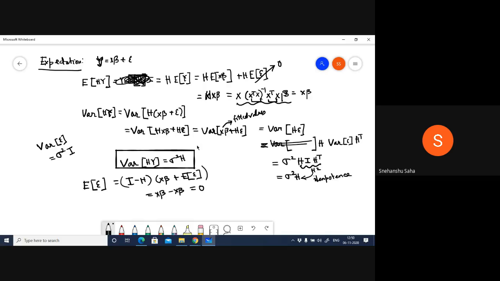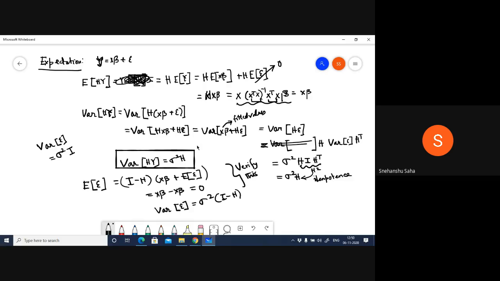Similarly, I'm not going to compute this, but if I want to compute the variance of the residual alone, I would be able to show that this is nothing but sigma square I minus H. So please verify this yourself. It won't be difficult.